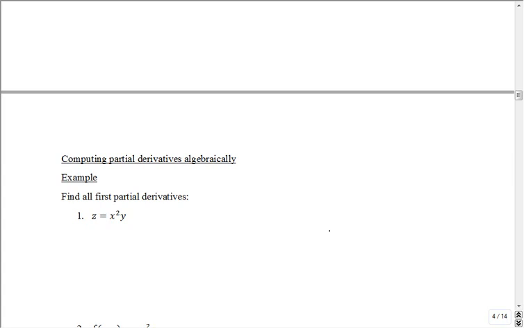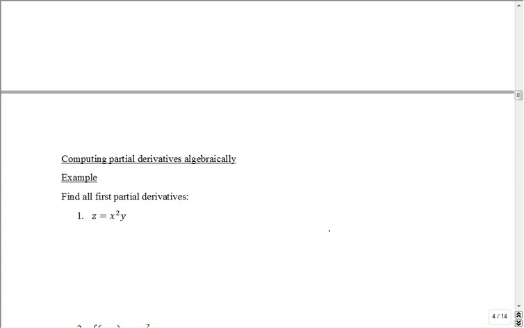If you think of y as a constant, then the function reduces to a function of one variable, x, so you can differentiate. Similarly, if you're partially differentiating with respect to y, you want to hold the x constant. Think of x as a number, so the function is a function of y, and differentiate.